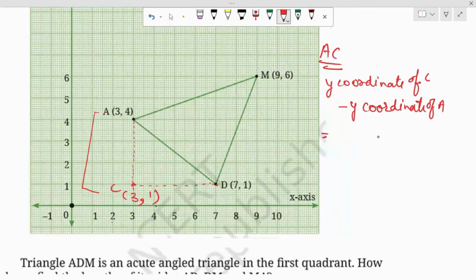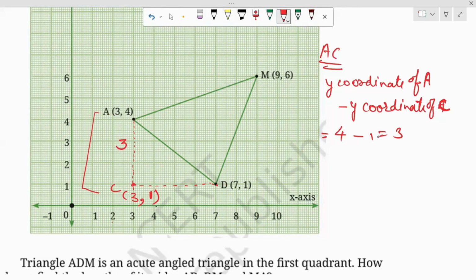So the y coordinate of C is 1 and the y coordinate of A is 4. Sorry, y coordinate of A and then y coordinate of C. Either way you can take it, it doesn't matter. So the y coordinate of A is 4 and of C is 1. So 4 minus 1 is 3. It means this length is 3.